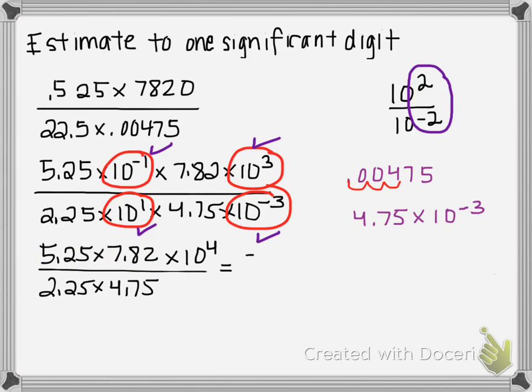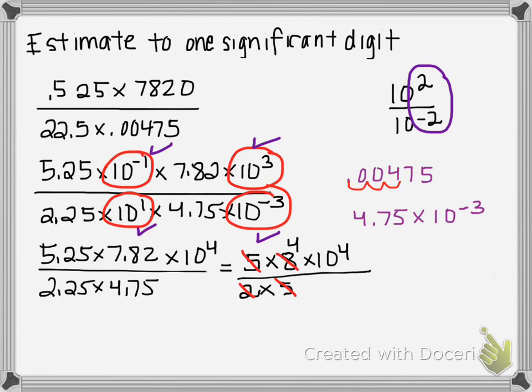It's just rounding off, and I'm sure you know how to round off. 5.25 is 5, 7.82 is 8, 2.25 is 2, and 4.75 I'll round off to 5. And we'll keep the times 10 to the 4th. All right, we have some things we can cancel, right? So we can go 5 and 5, we can go 2 with an 8, and that'll leave a 4.